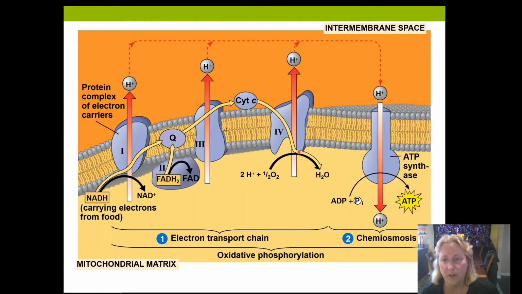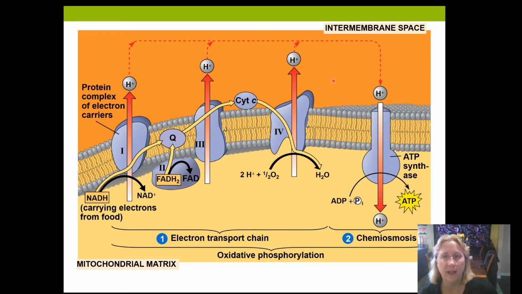So the work that's being done here by the electron transport chain is pumping hydrogen ions, which are protons, across the membrane. So this intermembrane space will have more hydrogen ions than the matrix of the mitochondria. So think about what that's going to do to the pH of that space.